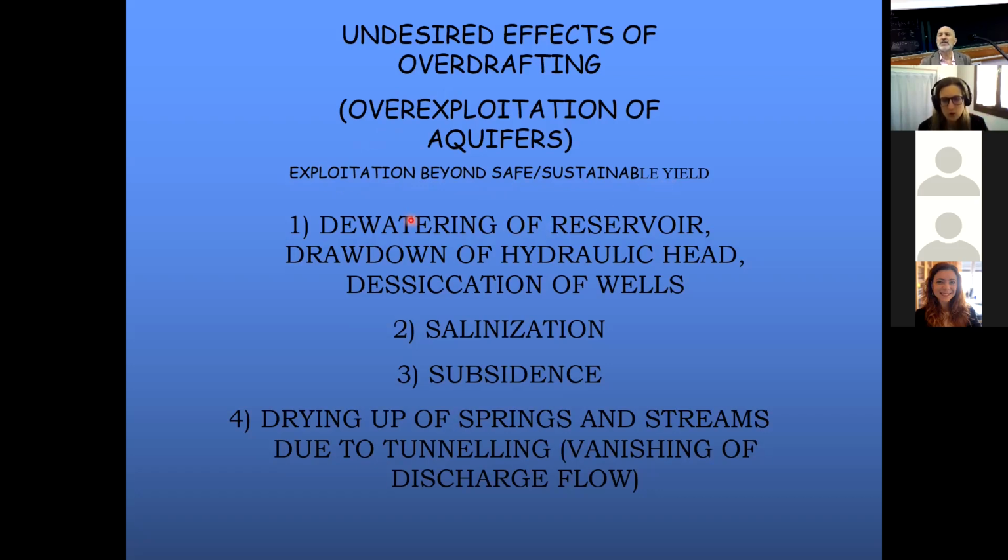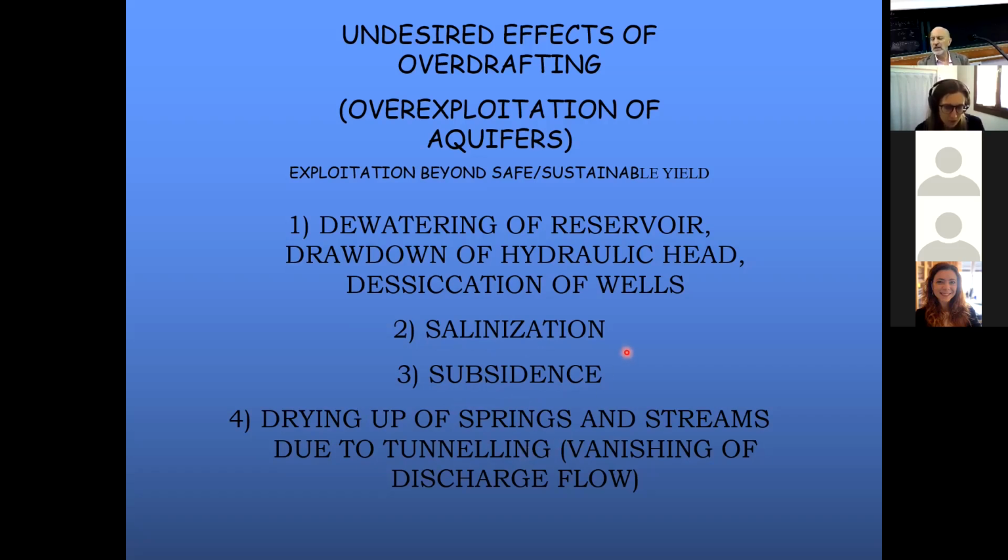These effects can be grouped into four types, and we will see some examples of these four types of effects: dewatering, salinization, subsidence, and drying up of springs and streams due to tunneling. This is a particular aspect of overexploitation that, with the development of big transportation systems, could become very important.